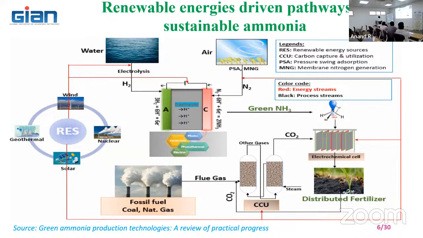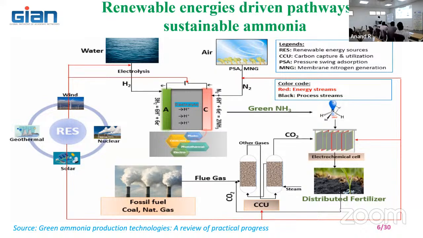So now we already discussed anode, cathode. The dissociation of water happens at the anode. H plus passes through the electrolyte. Electrons come through the external circuit. At the cathode, you are going to combine the hydrogen that comes from the anode through the electrolyte, and the nitrogen is going to be reacted with the H plus. So we will get the ammonia.